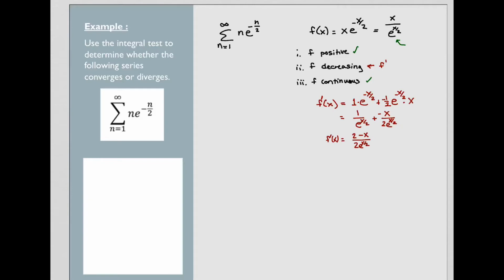Now, to show it's decreasing, what do we want to do with the derivative? To show it's decreasing, we want to show that the derivative is always less than 0.